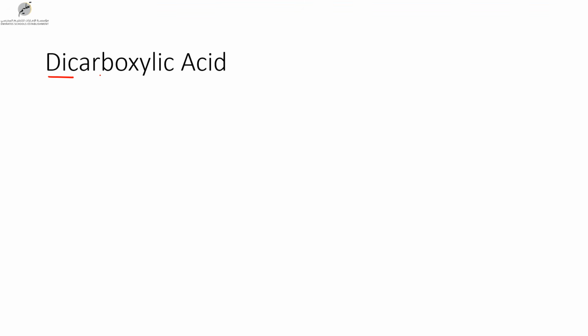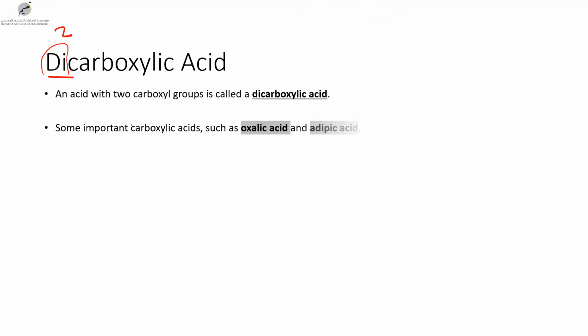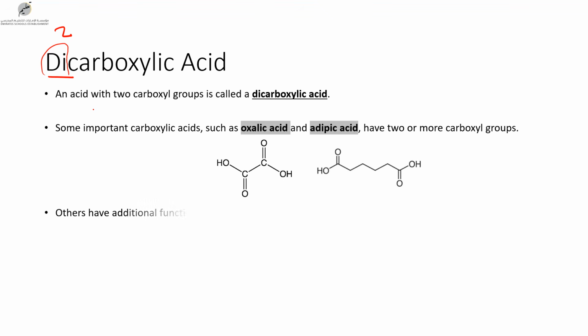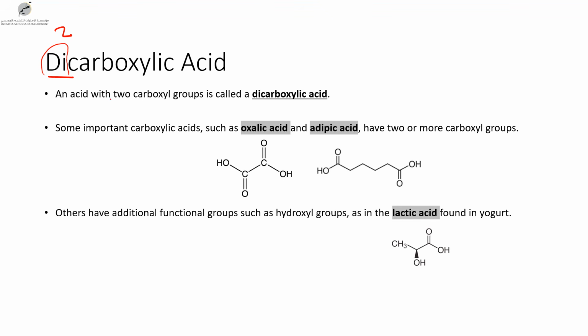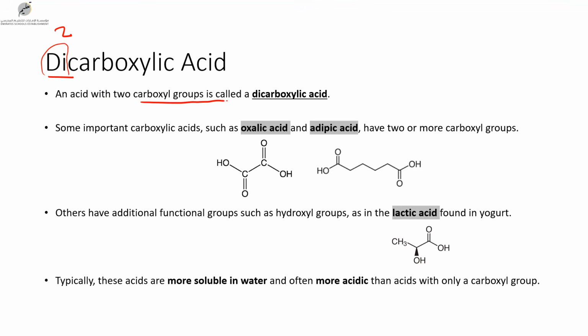Now, what are dicarboxylic acids? What do you think di means? Di means 2, right? So how many carboxyl groups should we have in dicarboxylic acids? We should have 2. So a dicarboxylic acid has 2 carboxyl groups, okay?